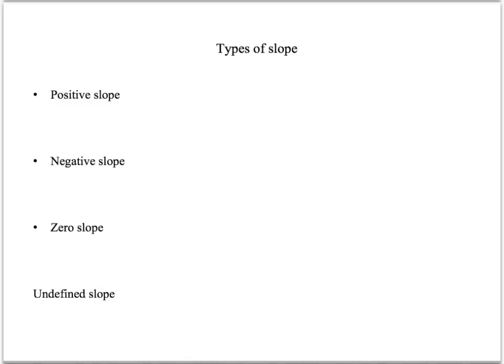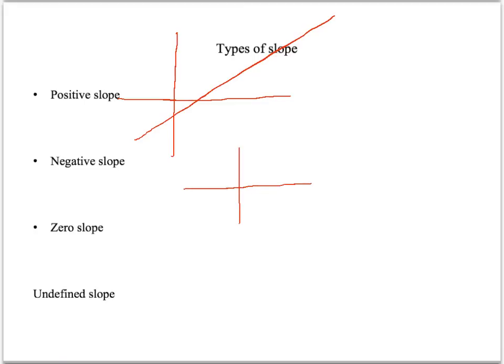So we have some different kinds of slope. We have positive slope, and a positive slope would be seen when you have a line that goes from the left and increases up towards the right. So that's a positive slope. A negative slope would go in the other direction.